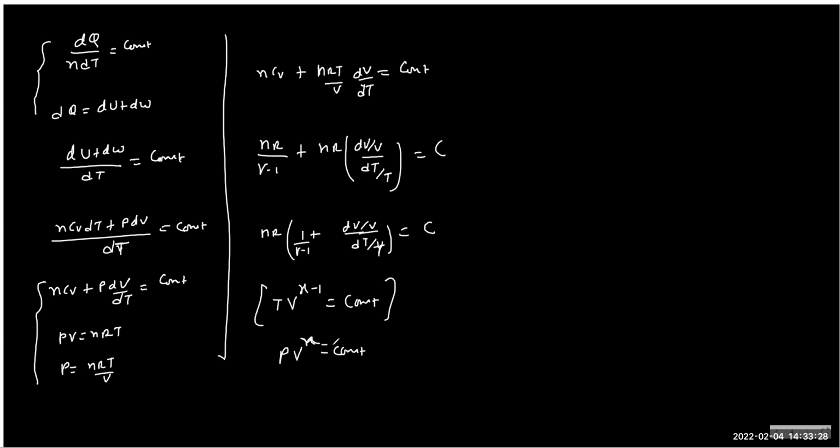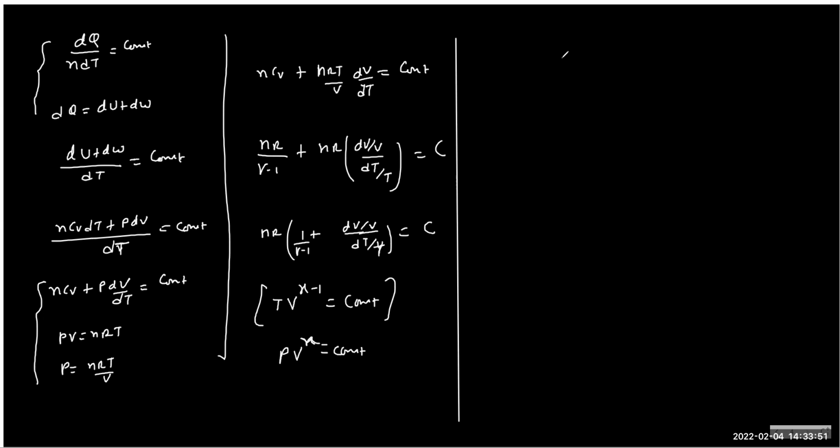Polytropic is a process in which the C remains constant. Because if C becomes variable, then we just say a process, we don't say polytropic. So the example which I gave, those are not polytropic.